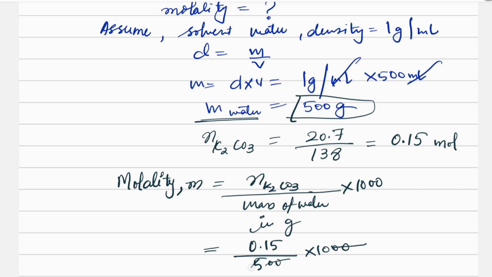Two zeros are cancelled down and it becomes 2, and it becomes 0.30 molal. So this is how the molality of a particular solution should be calculated. Let's talk about the difference between molality and molarity.